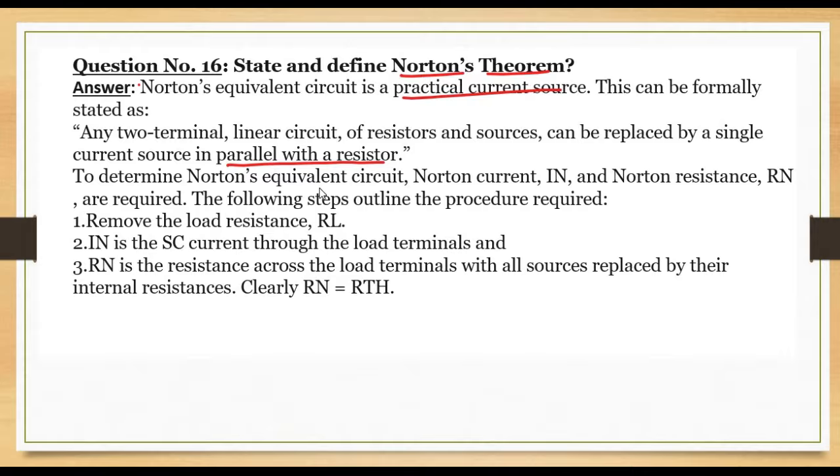To determine Norton's equivalent circuit, Norton's current IN and Norton's resistance RN are required to be found, and the steps to find these are: remove the load resistance and replace it by a short circuit to find the short circuit current. Then find Norton's resistance across the load terminals with all sources replaced by their internal resistance. Consider a circuit like this.